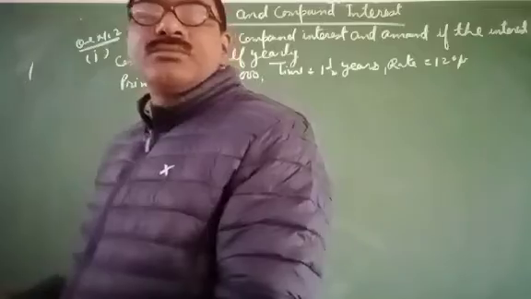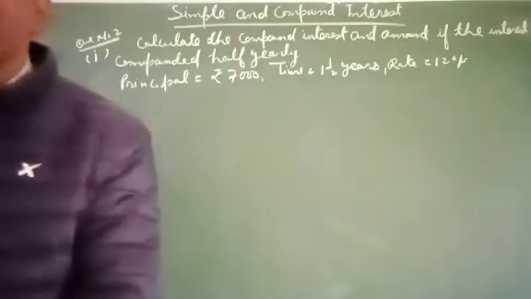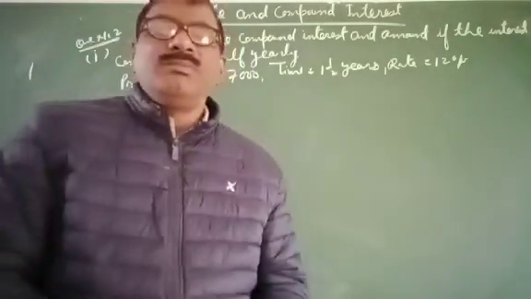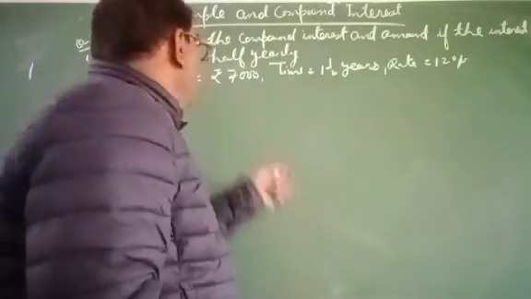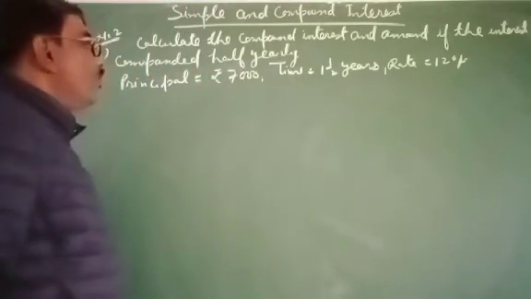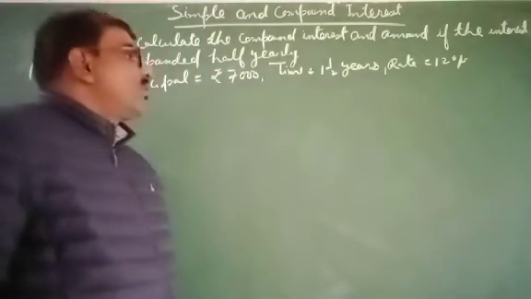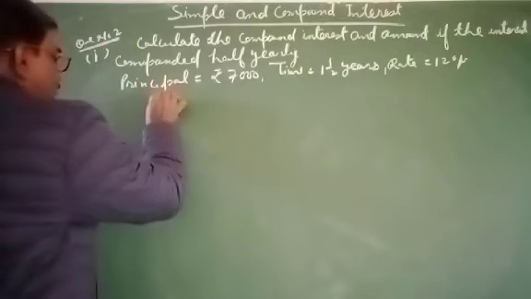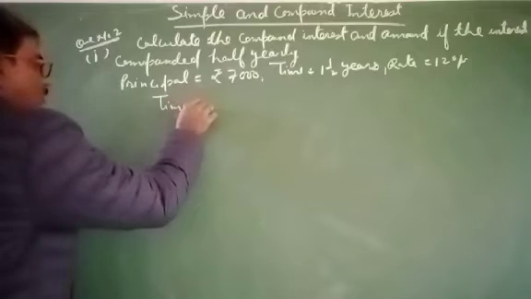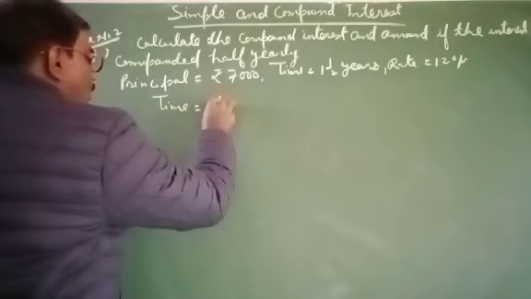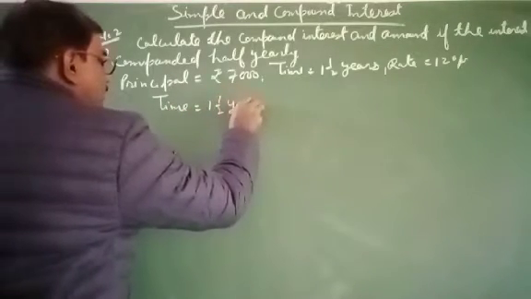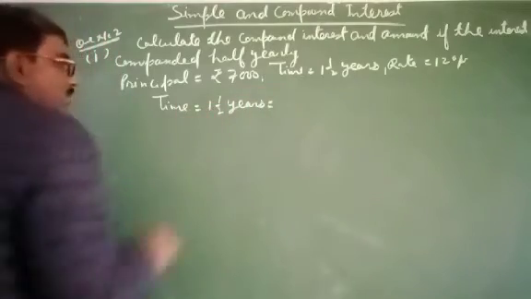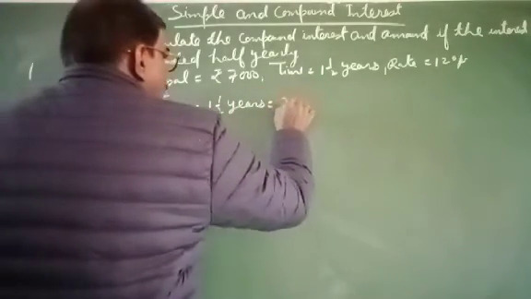So dear students, as you see here, principal is rupees 7,000 and time equal 1 whole 1 by 2 years. Time equal 1 whole 1 by 2 years equal 2 plus 1, 3 by 2 years.